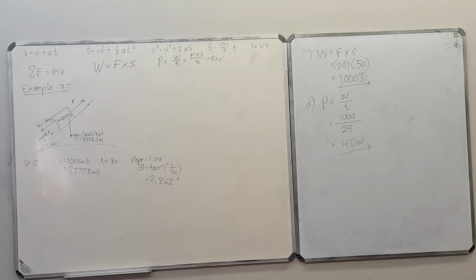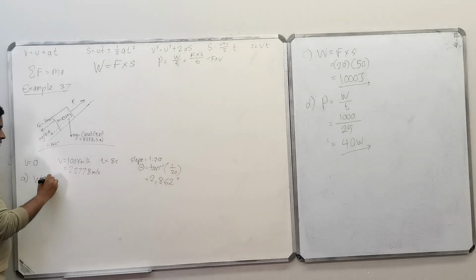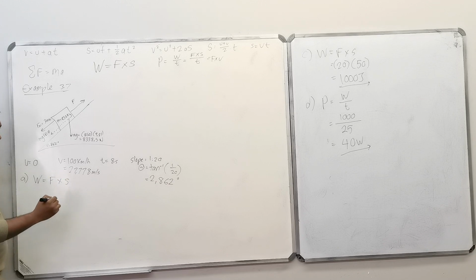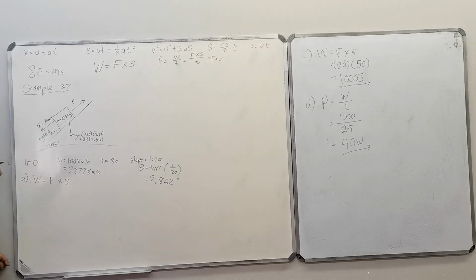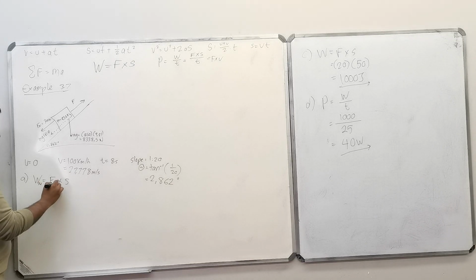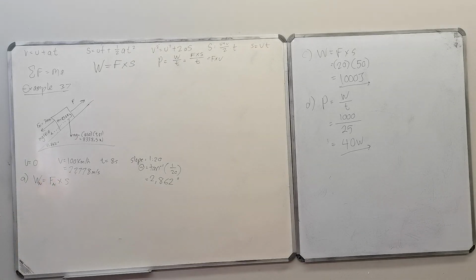The work done against the frictional force when the velocity has reached 100 kilometers per hour. So they want the work done against frictional force. For A, work is equal to F times S. So W is equal to F times S. We know this force.